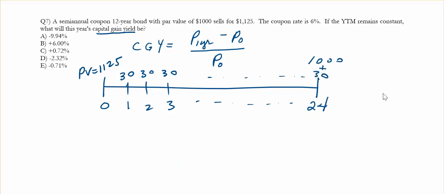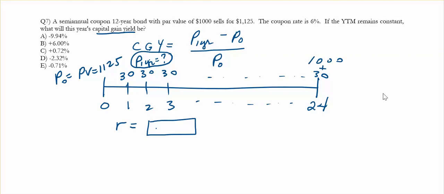The yield to maturity will remain constant, but notice that I don't know the yield to maturity, but I need to so that I can find the price of the bond in 1 year, which is here with period 2 on my timeline, again because it's semi-annual. But if I get the price in 1 year, I can plug it in there. I know the price today, which is 1125. So if I can find R, then I can find price in 1 year.